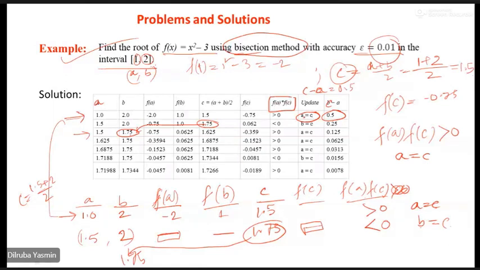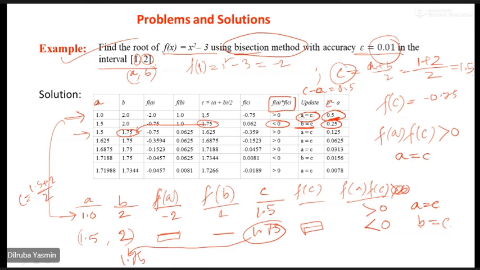Because a equals 1 and c equals 1.5, you can easily get the difference between these two values. Then similarly, you get here the relation b equal to c, which depends on these relations. So you can get these differences.